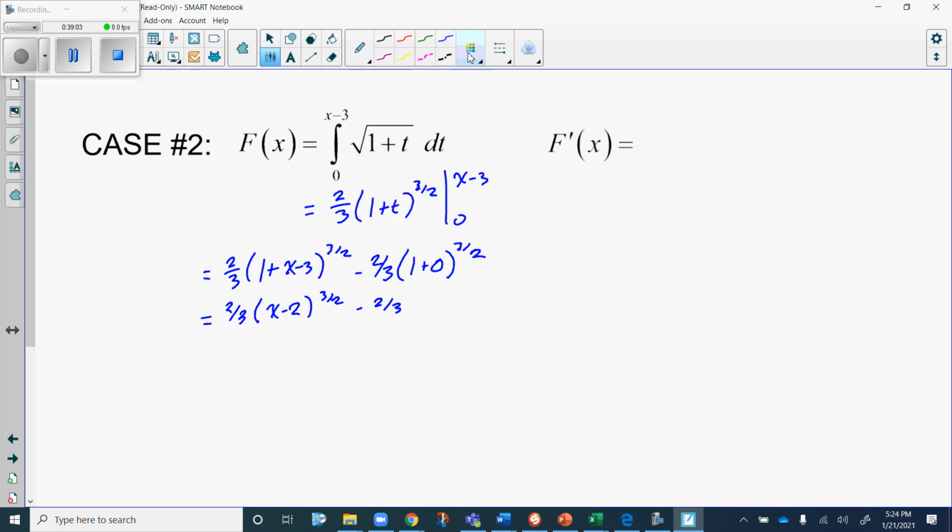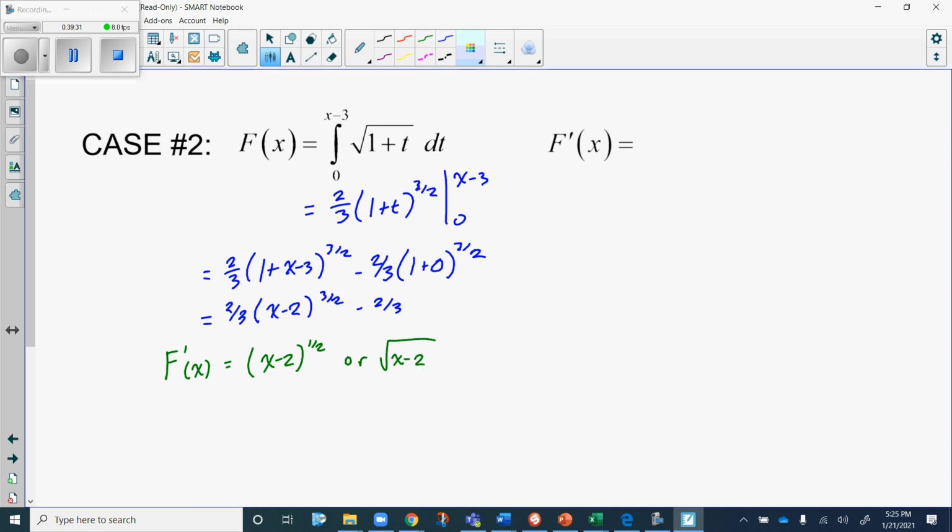I'm going to use the space on the right side to come back shortly and say, okay, well, what is the derivative of the antiderivative? We're using the power rule on the first bit. We're going to wind up with just x minus 2 to the 1/2 power. The derivative of the constant is 0, or I can write it as the square root of x minus 2.